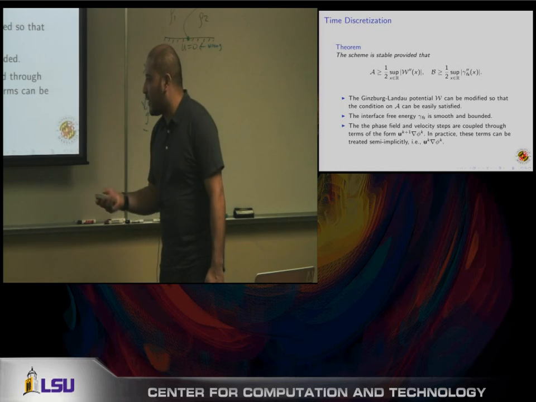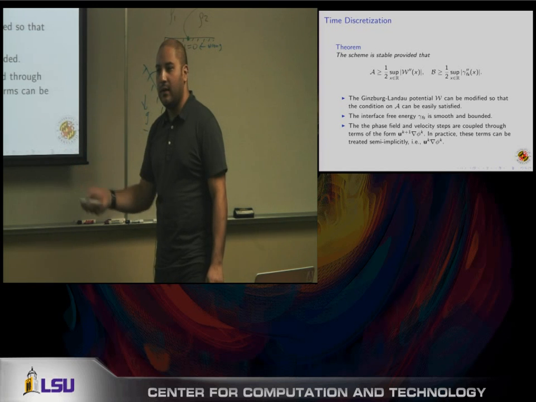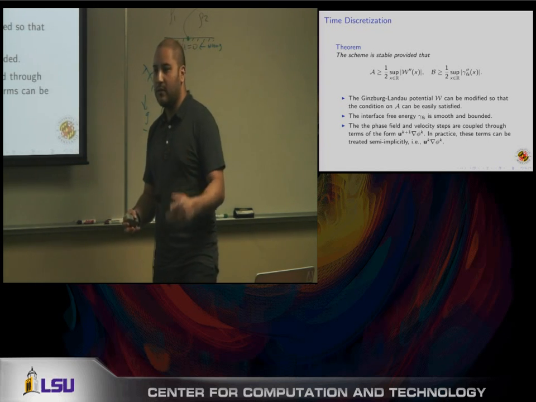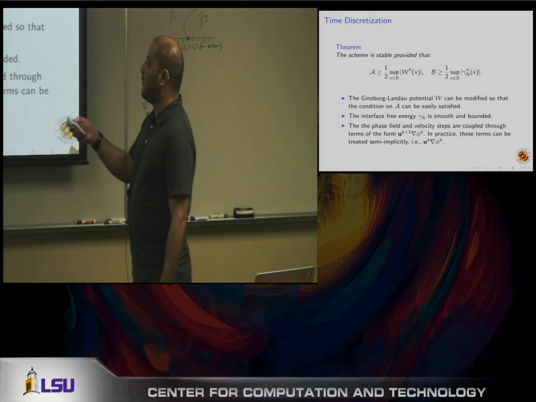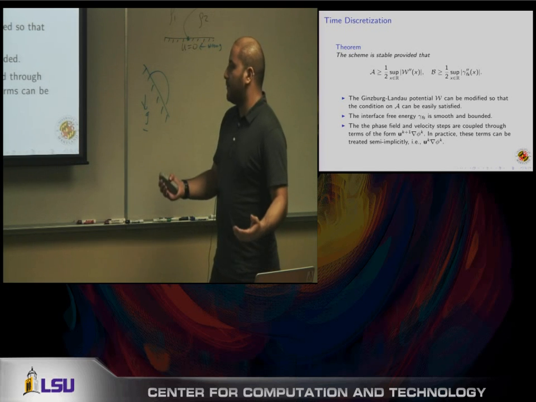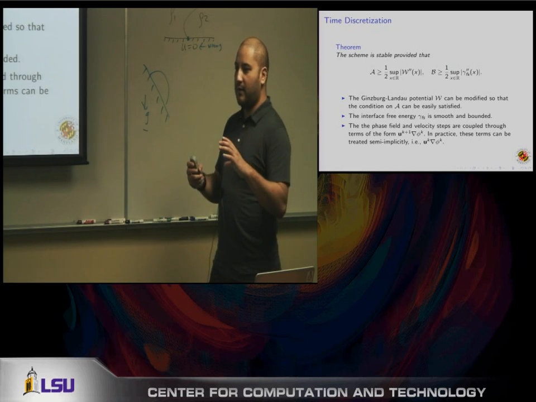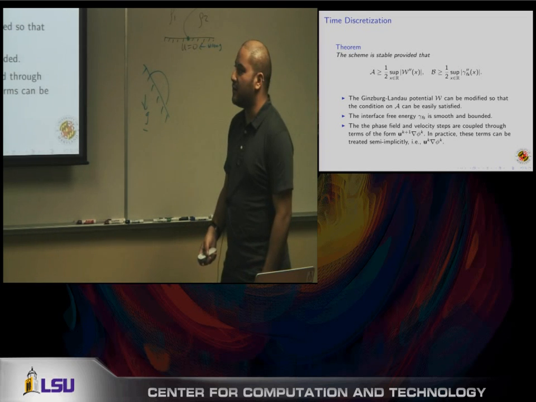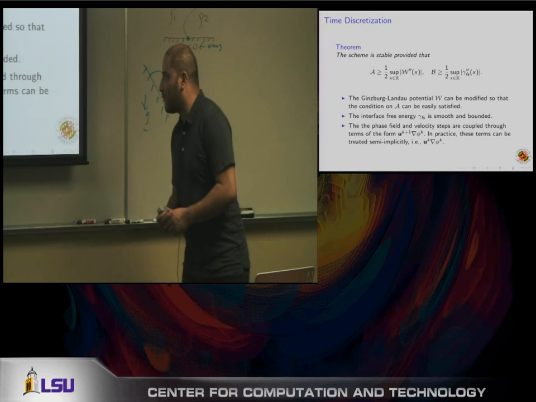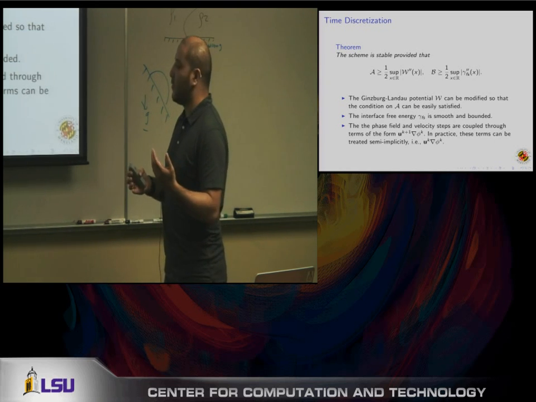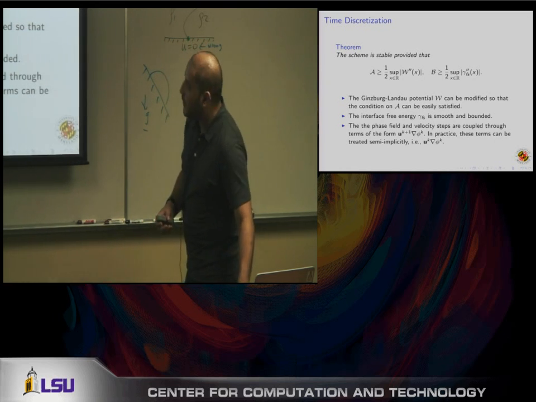However, in practice, if you treat them semi-implicitly and under, say, a CFL-like condition, you can show that this scheme is stable under the same assumptions as well. So at least we have a scheme for the weird part of the problem that we know is not going to blow up. We know that each one of the pieces converges. Hopefully everything together will too.